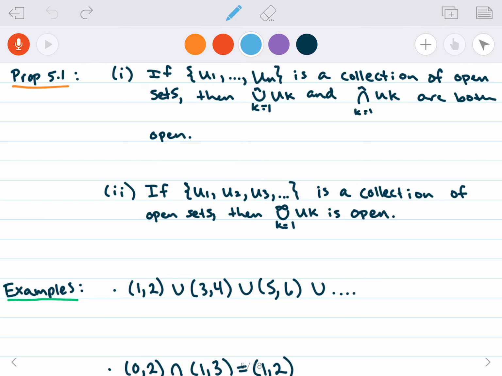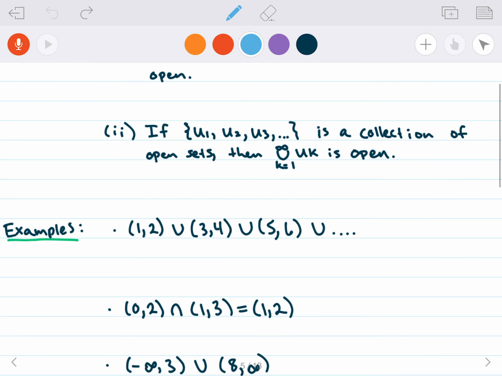Let's look at some examples. For example, we have an infinite union of open intervals. We know open intervals are open, so this is open by our proposition, by the second part for infinite sets.